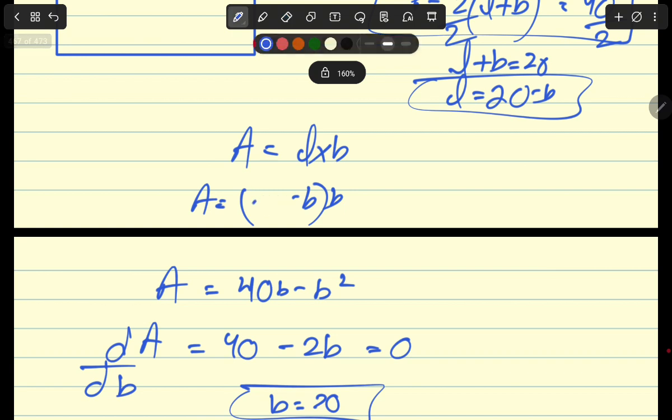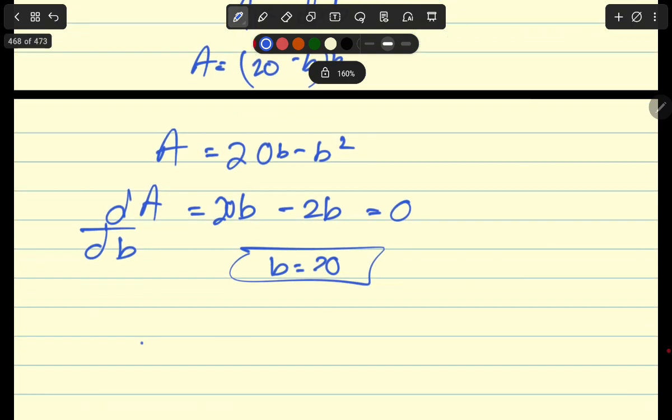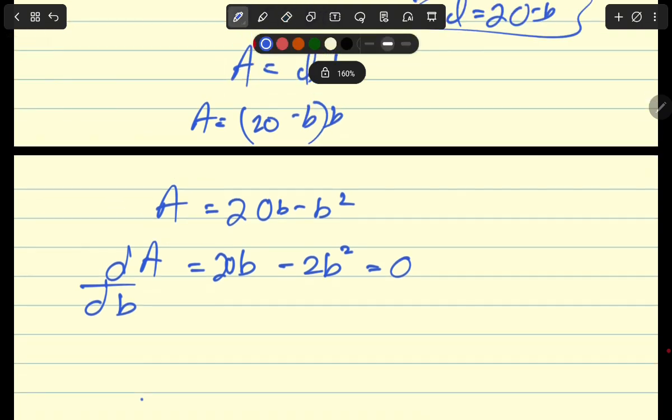And this becomes 20 minus B as well. So this is 20, this is 20. 20B minus 2B squared, and when I differentiated it, this becomes 20 minus 2B. So now B is equal to 10.